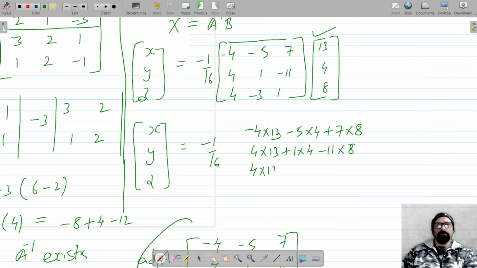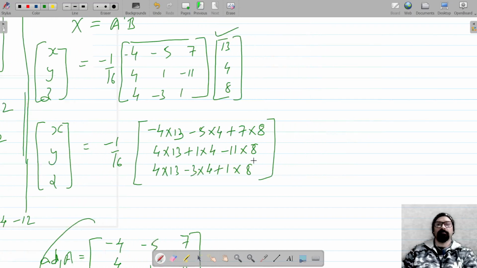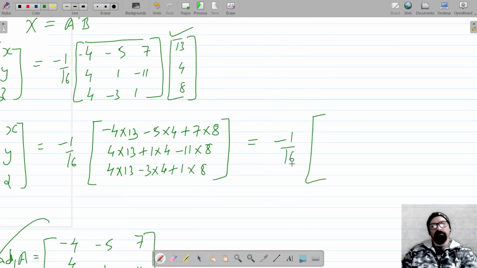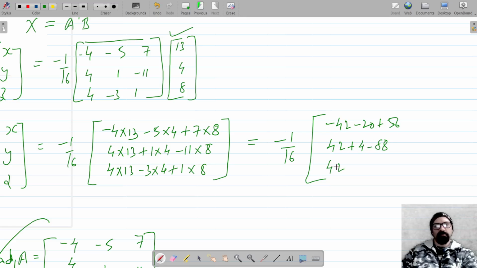And 4 into 13, negative 3 into 4 plus 1 into 8, which is equal to negative 1 by 16. So negative 4 into 13 is negative 42. This should actually be 52.